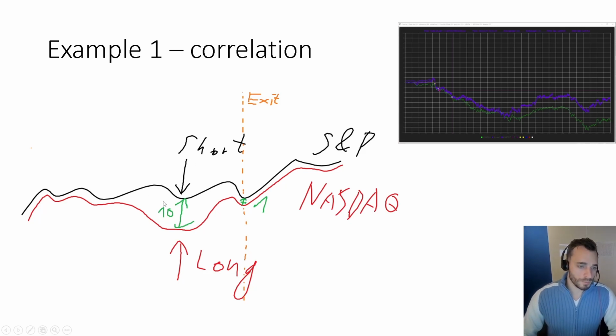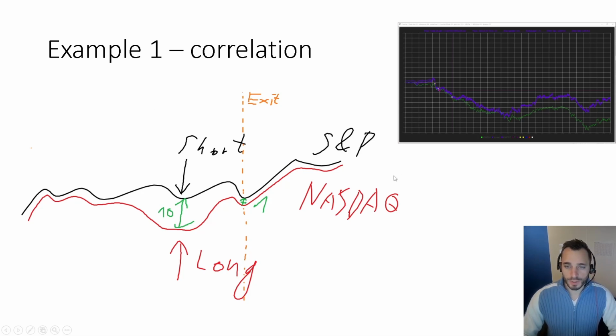So whenever they both open up, like what you see here, and you have a 10 points gap in between, you can short the one on top and you can long the one on the bottom. And then you bet that they close the gap. For example, in the end, you have a gap of 1, which is basically the spread you have. And then you have a winning of 9 points. And this is basically the idea behind that.